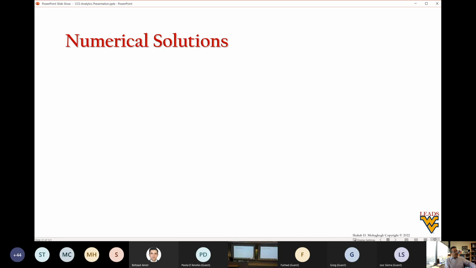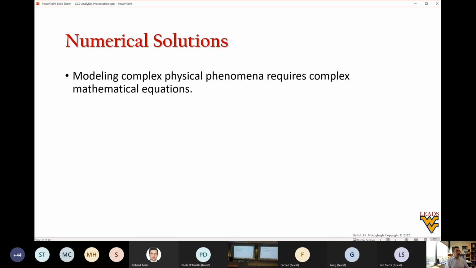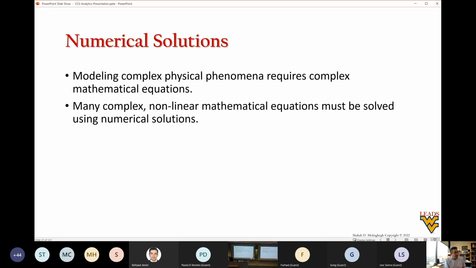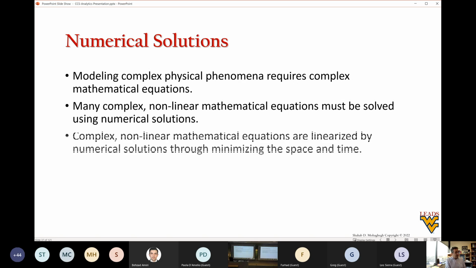Before that, in case I know many of you know what numerical reservoir simulation and numerical solution is, but just to make sure that we're all on the same page, let me quickly tell you very simply what numerical solution is. Modeling complex physical phenomena requires complex mathematical equations. Many of these complex nonlinear mathematical equations must be solved using numerical solutions because they cannot be solved with analytical solutions with exact answers.